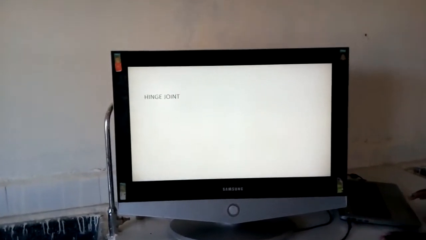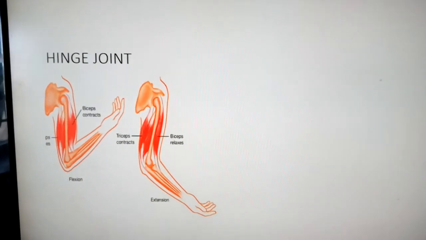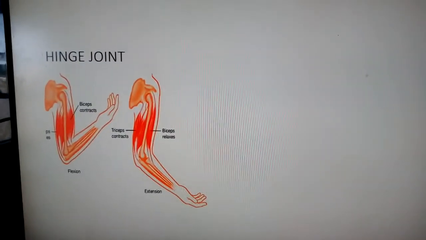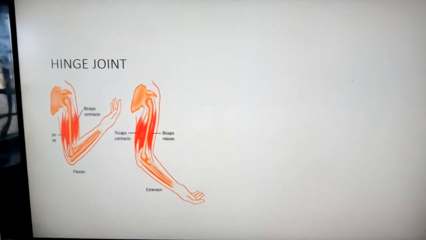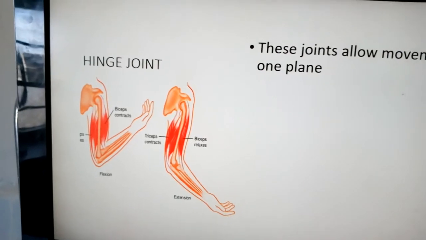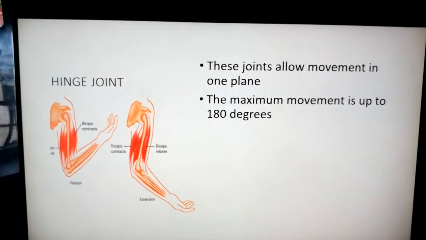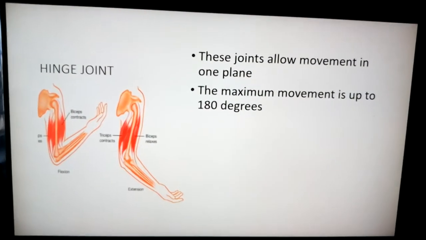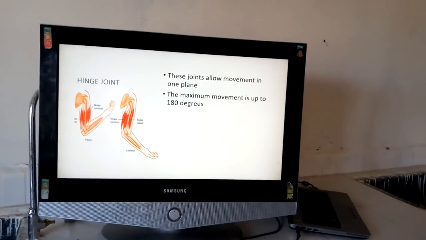We also have another category of the synovial joint, another category of the movable joint, that we refer to as the hinge joint. The hinge joint is the joint that allows movement in only one plane, and it moves up to 180 degrees.